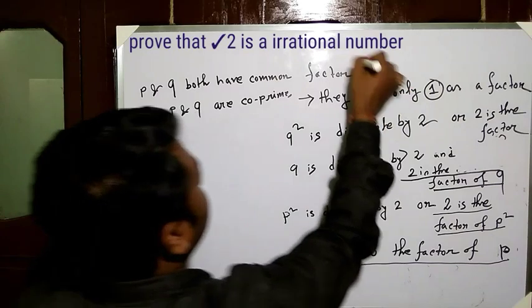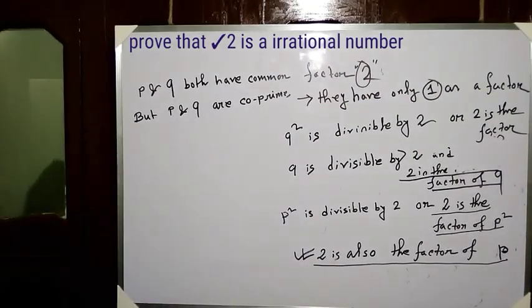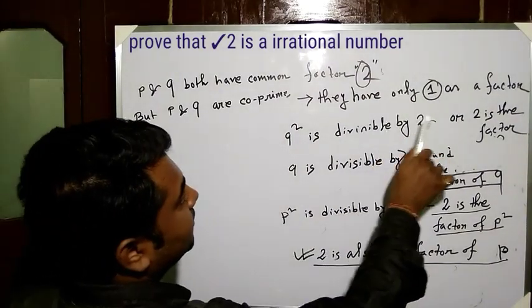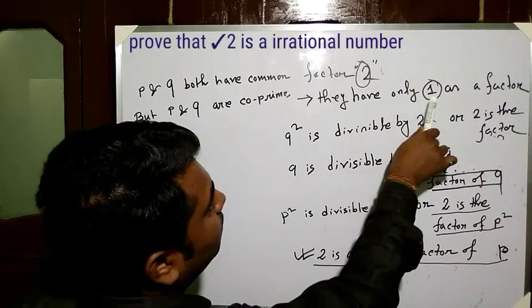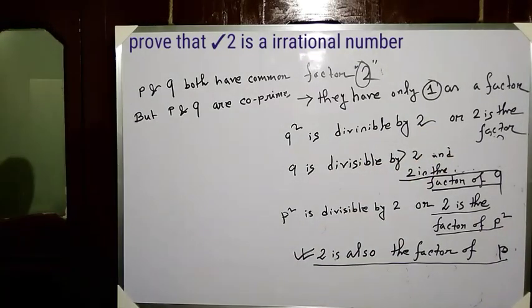Here 1 and here 2. In our assumption, I mentioned p and q are co-prime, only 1 is the factor.